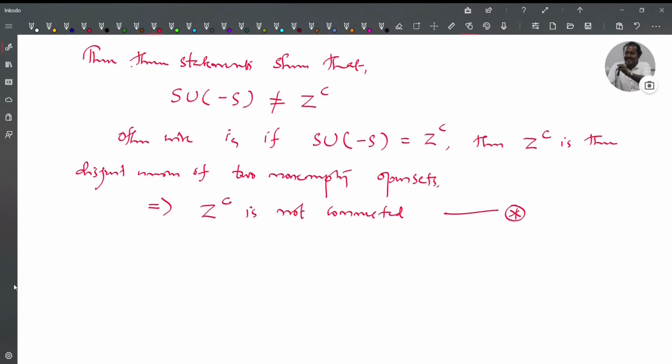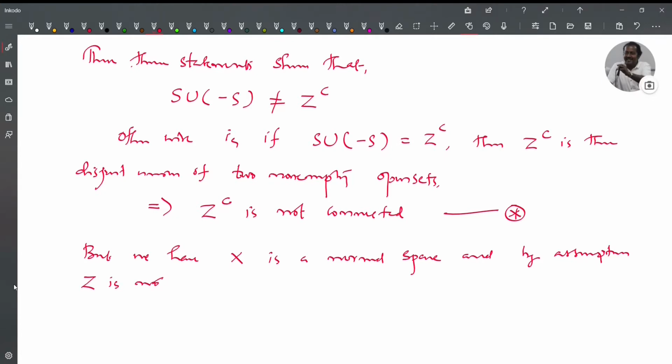But we have X is a normed space, and by assumption Z is not a hyperspace. Therefore, by lemma 7.2, Z complement is connected.